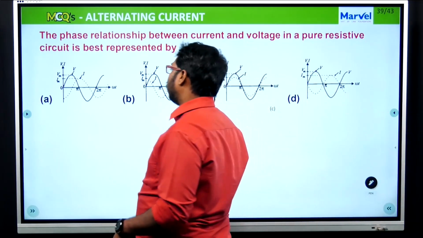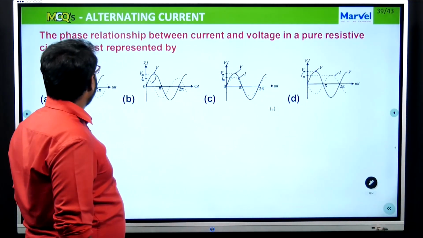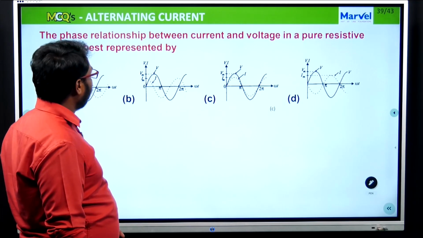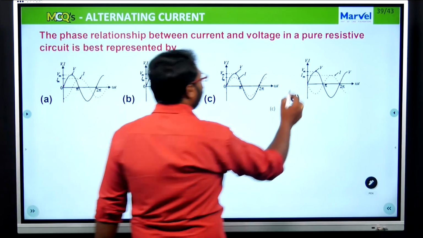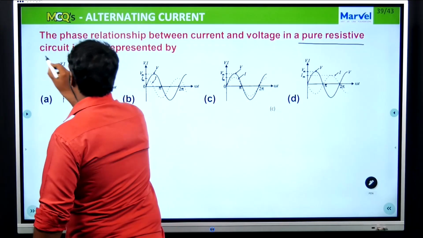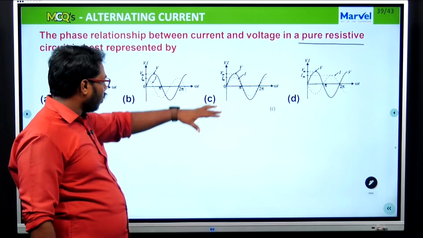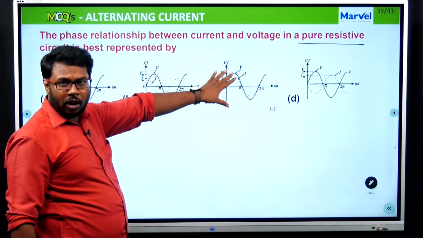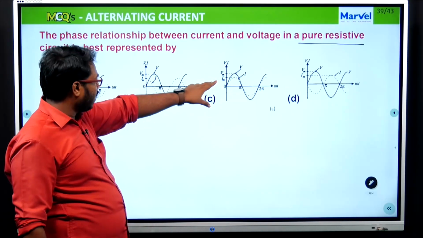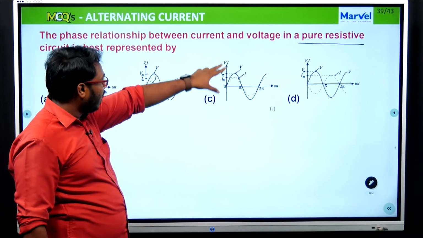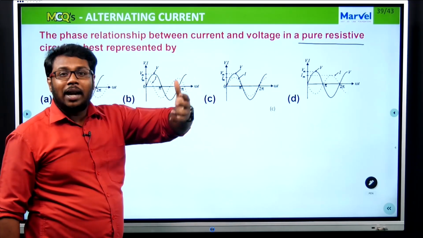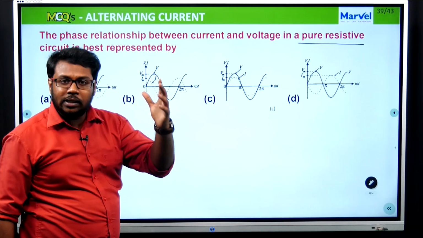It's a sine wave. A phase relationship between the current and voltage in a pure resistive circuit is best represented by. Okay, now here is a sine wave. The sine wave represents the voltage and the current in a circuit that is carrying only the resistance.